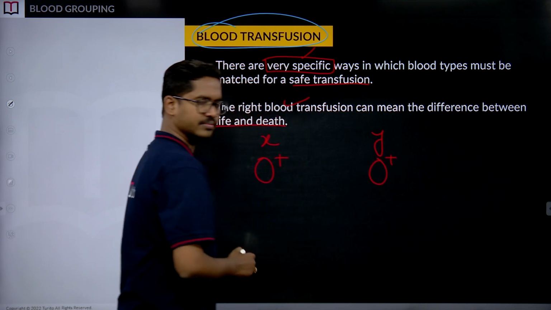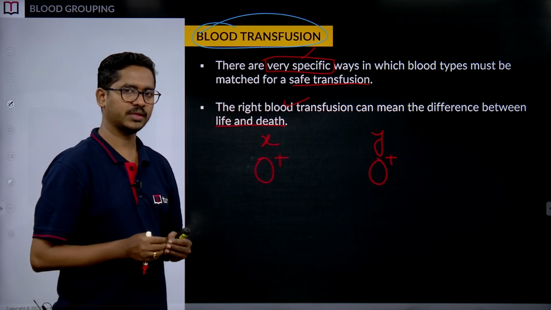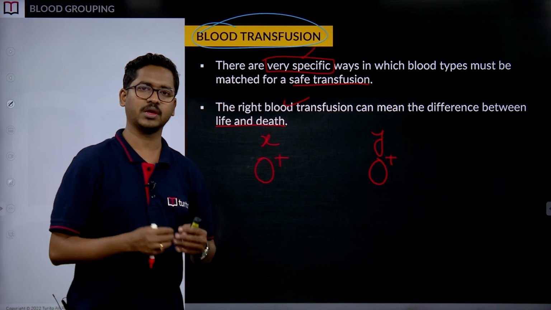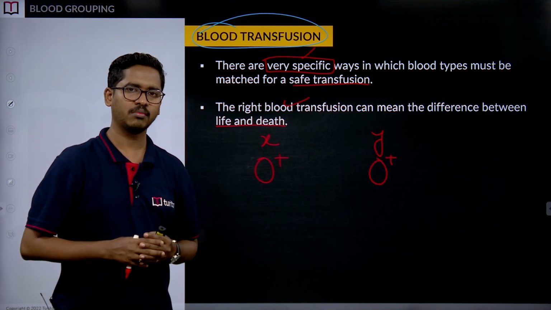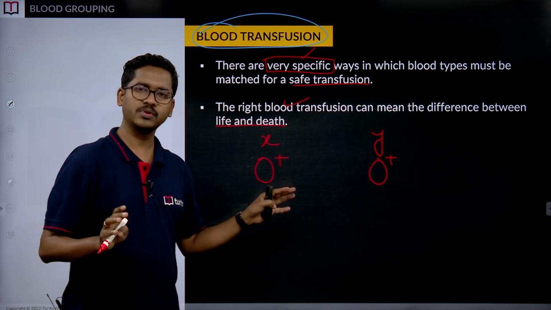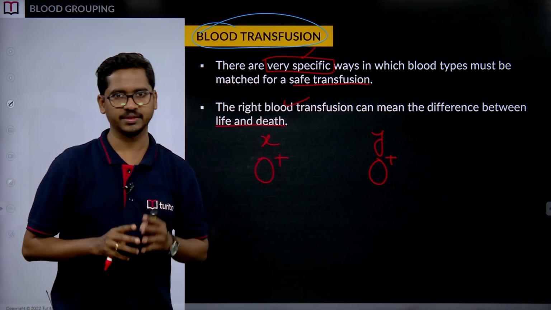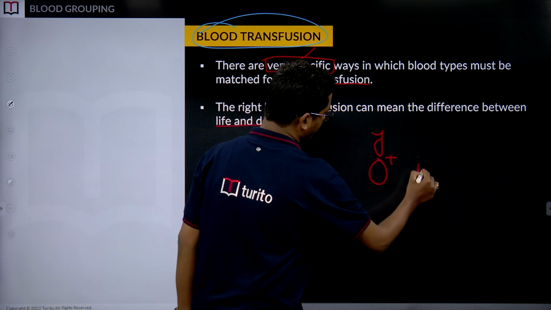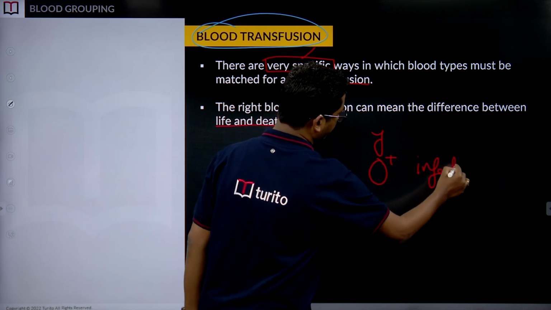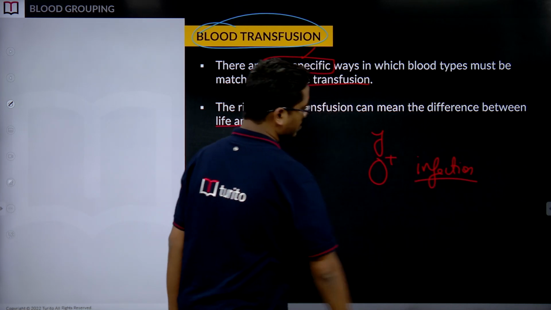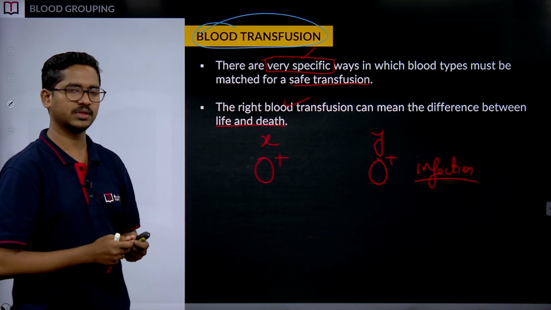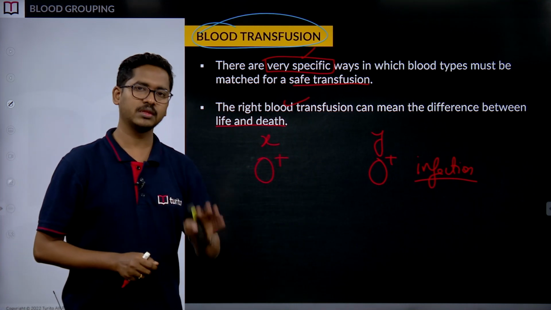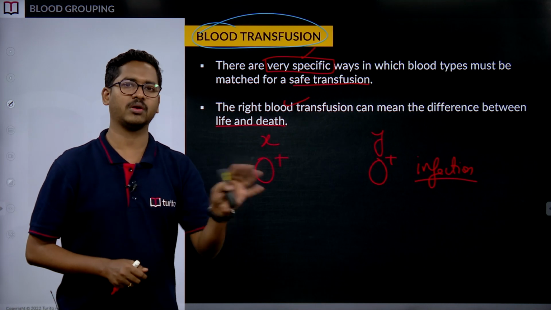You may find that okay, there is another person with the same blood group, so we can go for blood transfusion. Absolutely, I have no problem, but if person Y has some infection in the blood, then the blood transfusion cannot happen.